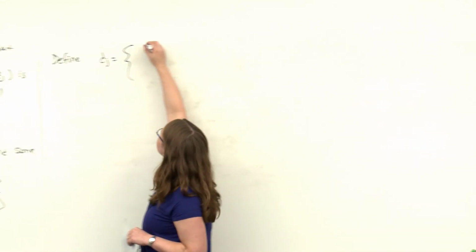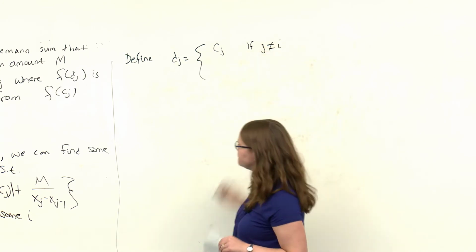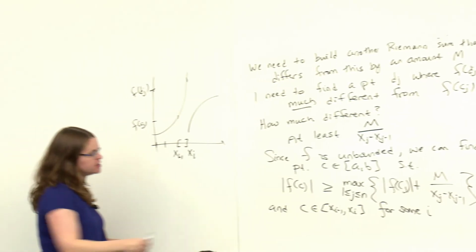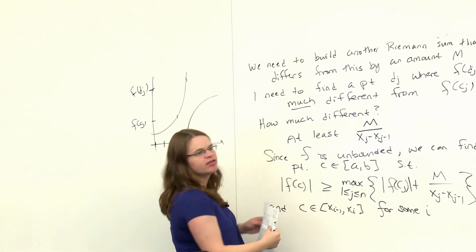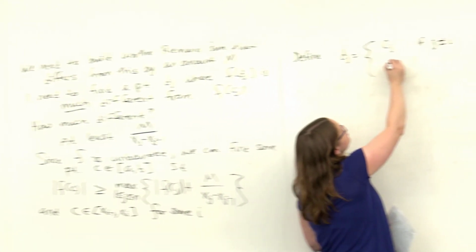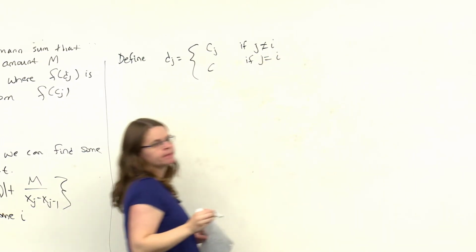So I'm going to mostly let these be cj as long as j is not equal to i. But at this one special point, in this one special subinterval, where I found a c that makes f enormous, I'm going to change it. And I'm going to let this be c if j is equal to i.